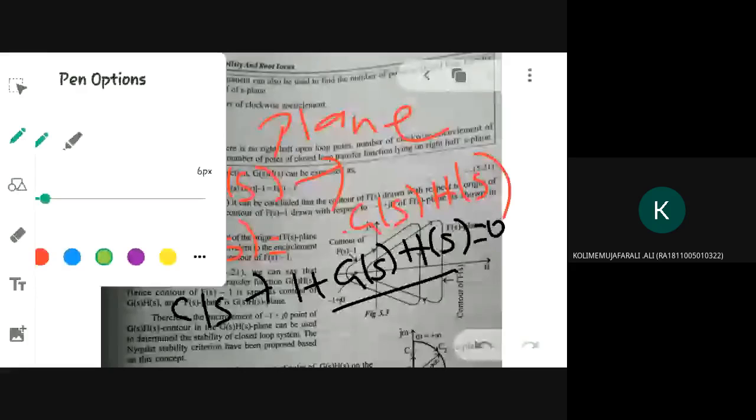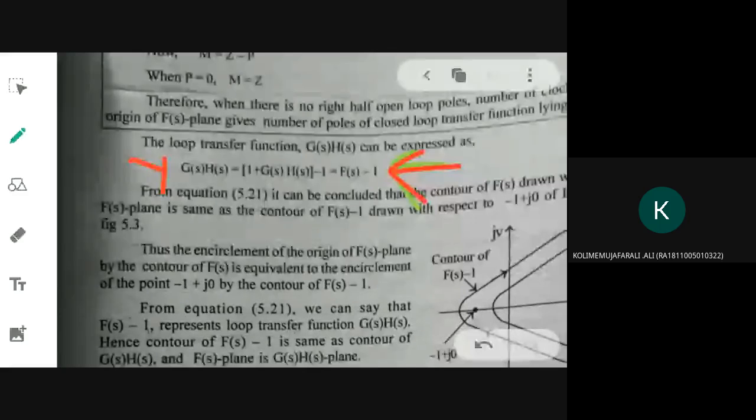You can check it out for yourself. There is one relationship that is shown, that is g of s into h of s. This relationship that you are seeing here is showing that g of s, h of s is also equivalent to what plane?